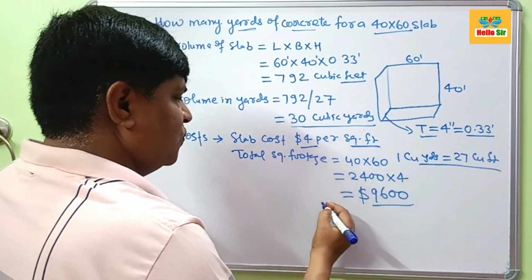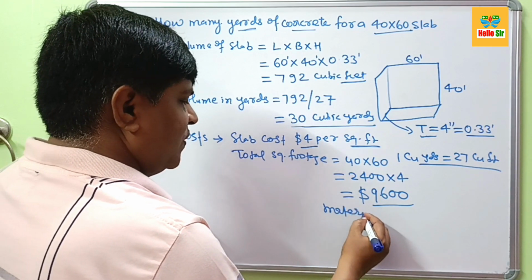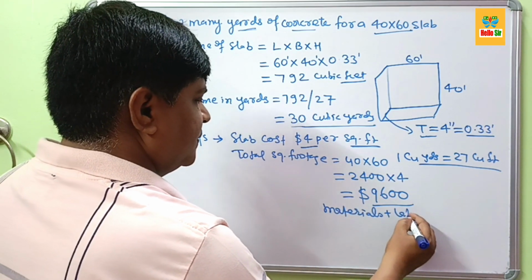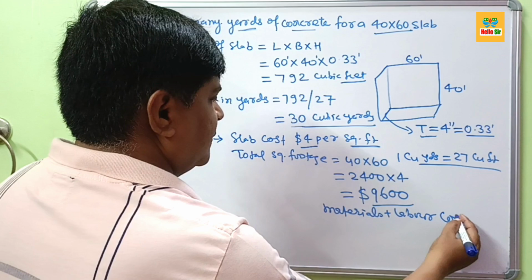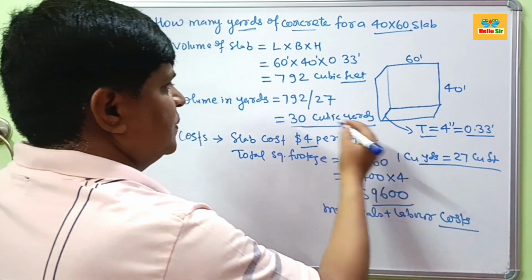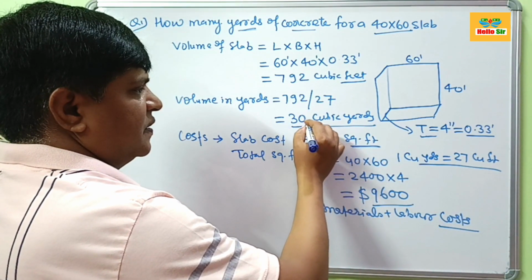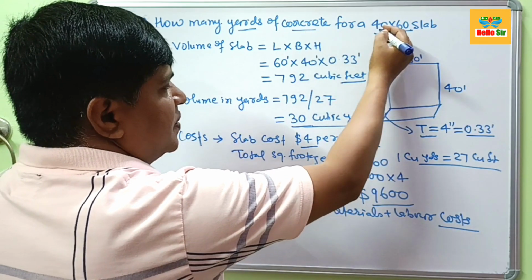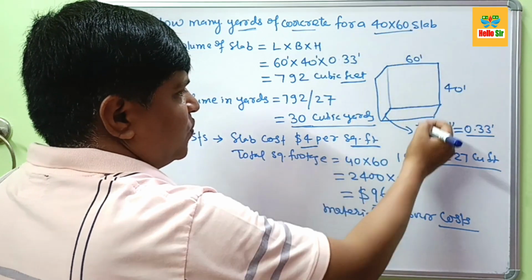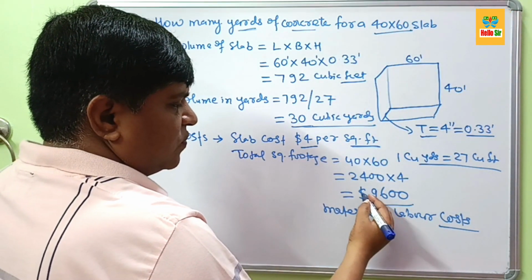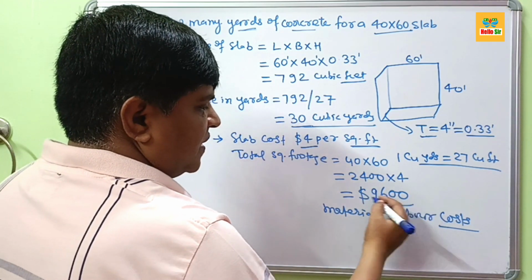This cost includes materials along with labor cost. So you may need approximately 30 cubic yards of concrete for a 40 by 60 slab at 4-inch thickness and it costs around $9,600.